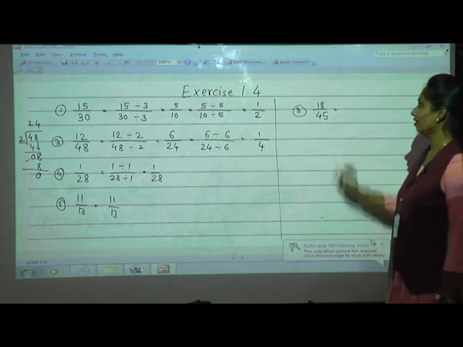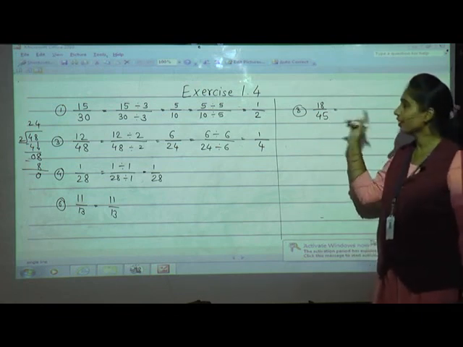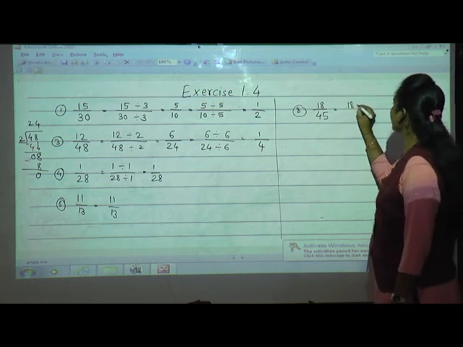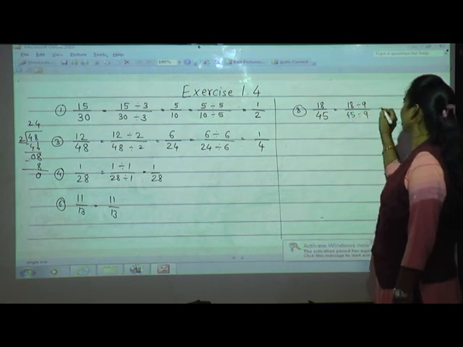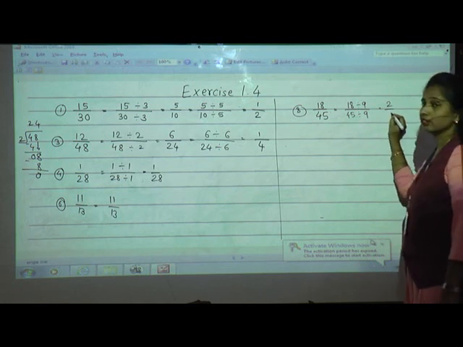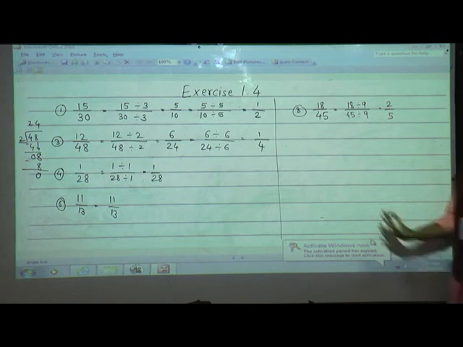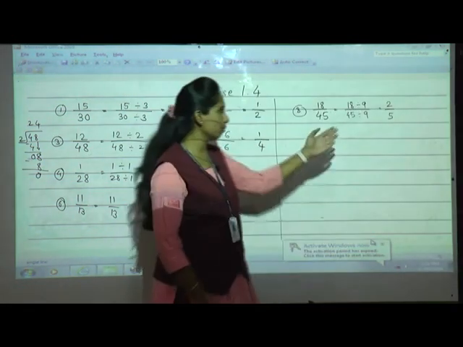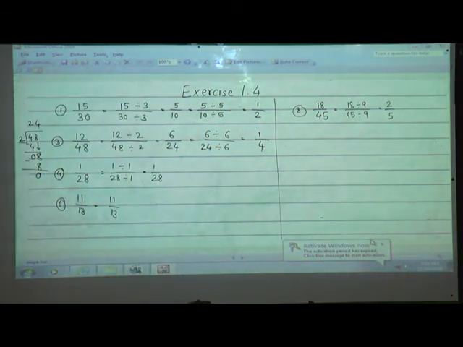In the 9 table, 9 2s are 18 and 9 5s are 45. So 18 divided by 9, 45 divided by 9. So 9 2s are 18 and 9 5s are 45. Clear? Yes. In this way we can simplify. Now 2 and 5 we cannot simplify. Next. Now I will solve the 9th one for you.